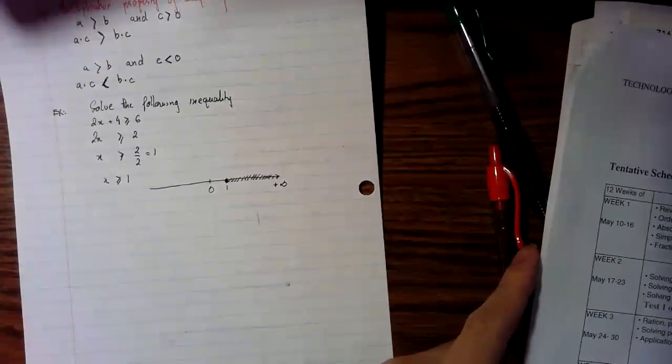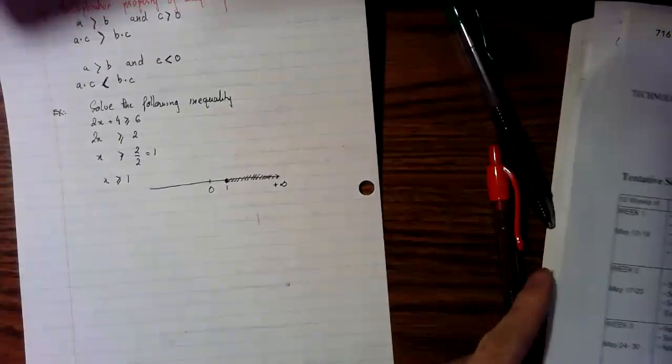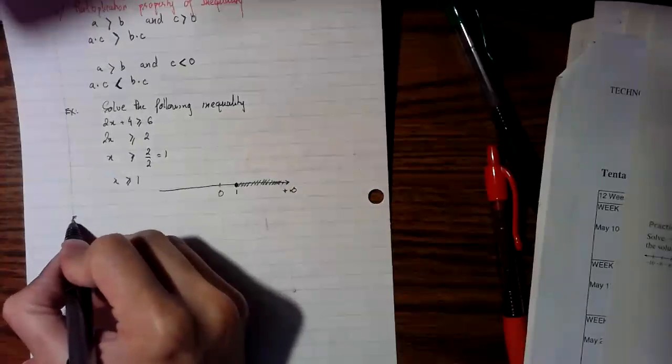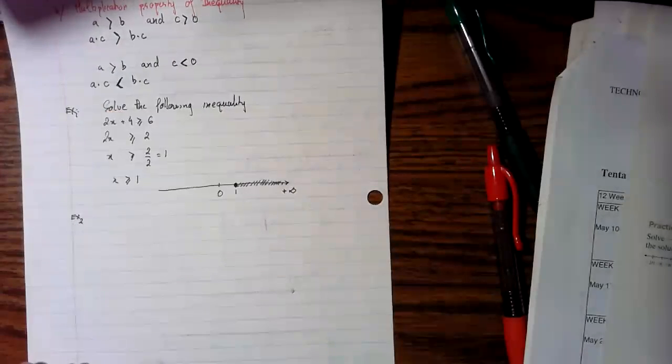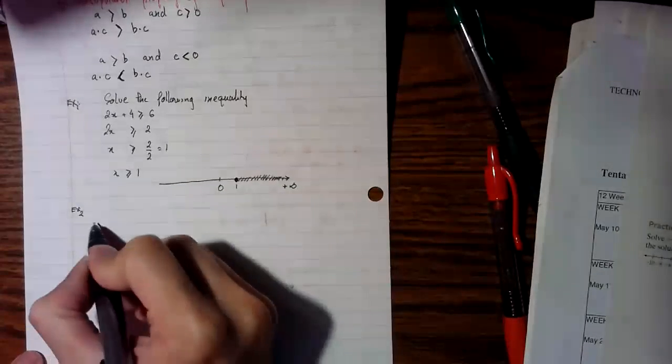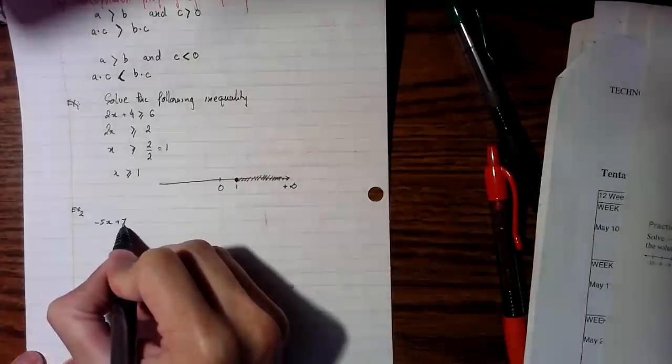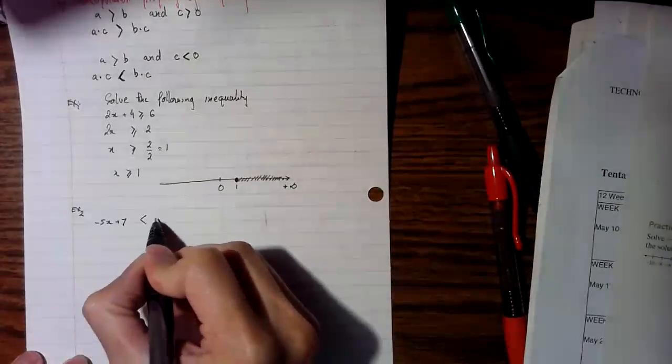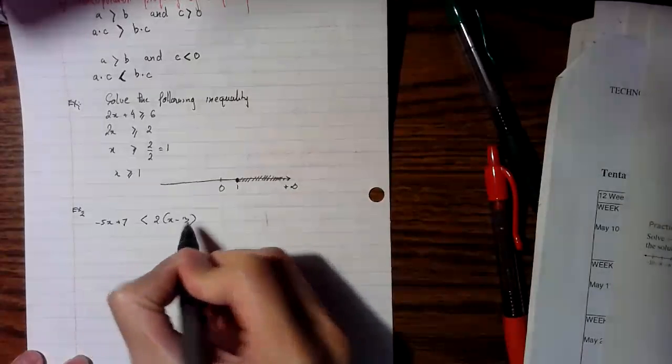How about this? Negative 5x plus 7 less than 2x minus 2.